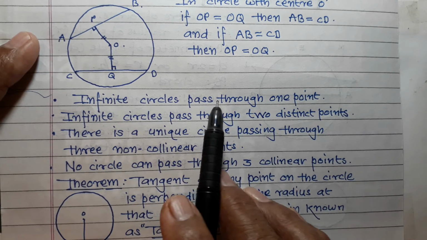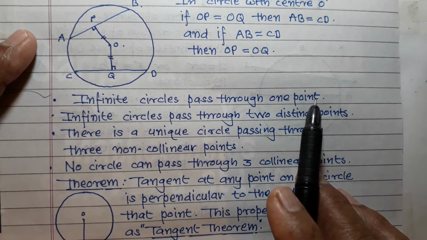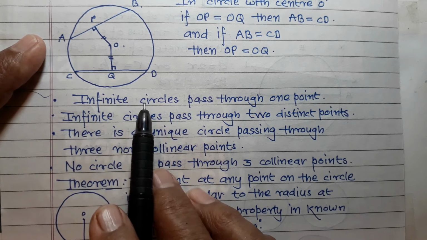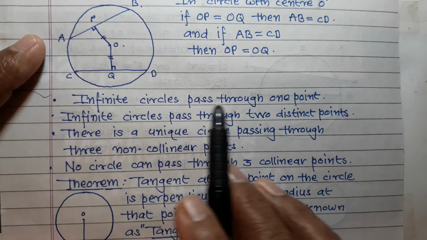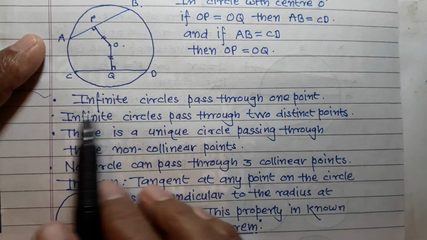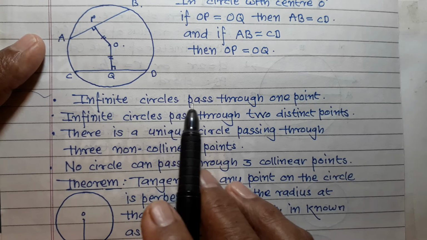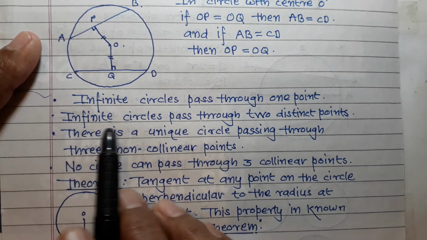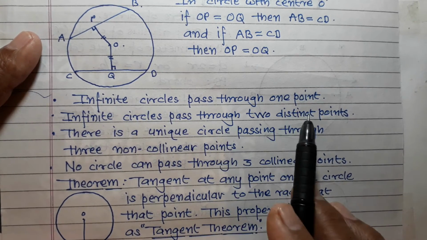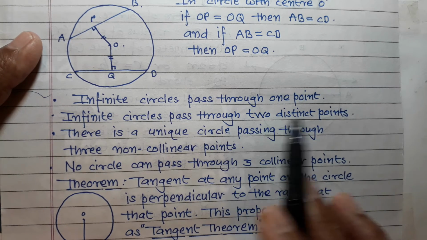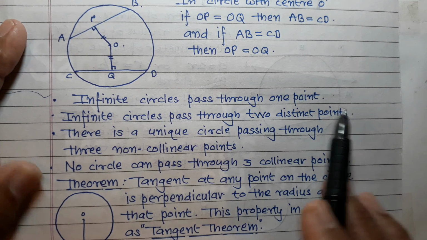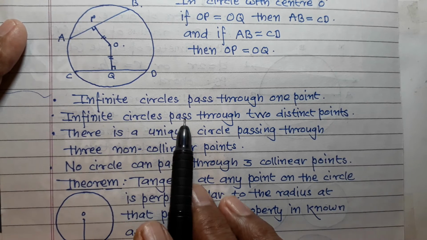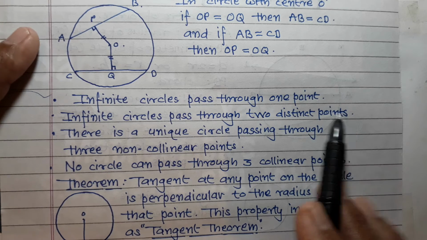Then some more properties. Infinite circles pass through one point. It means if there is one point in the plane, you can draw any number of circles passing through this point. Similarly, infinite circles pass through two distinct points. If two distinct points are given in the plane, then you can draw many circles passing through them.